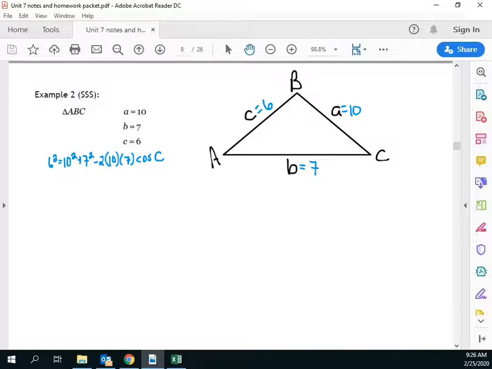When you're looking for an angle, we have to do what numbers 1 and 3 were on the warm-up, which is 3 steps. One is, move everything over that's positive. And then divide by what's attached to cosine.